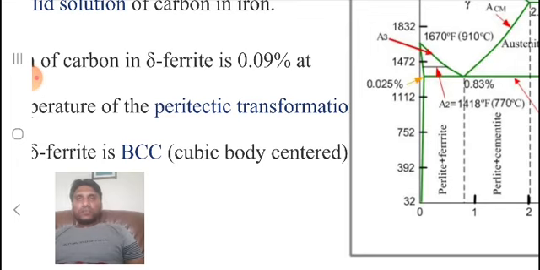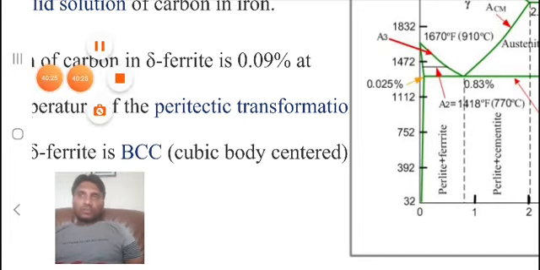Carbon content below 0.8% is very much used in engineering applications. In fact, steels are classified into two groups: plain carbon steels and alloy steels. Plain carbon steels are further classified into three groups: low carbon steels, medium carbon steels, and high carbon steels.